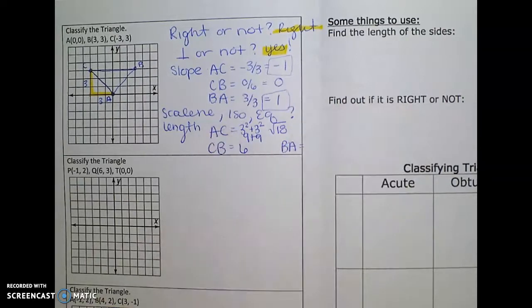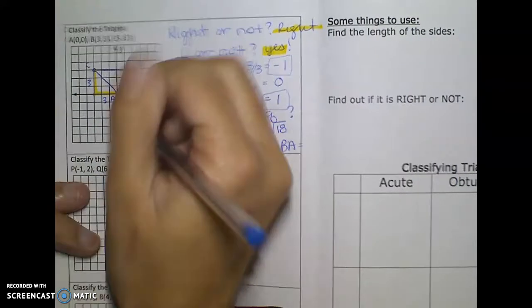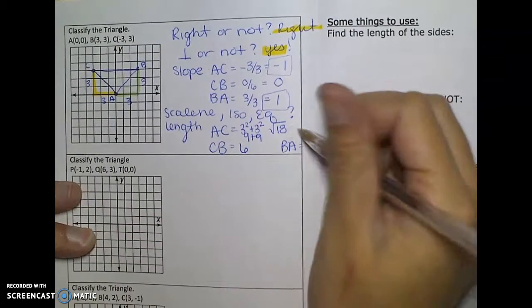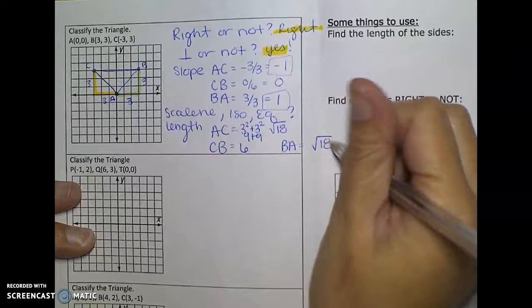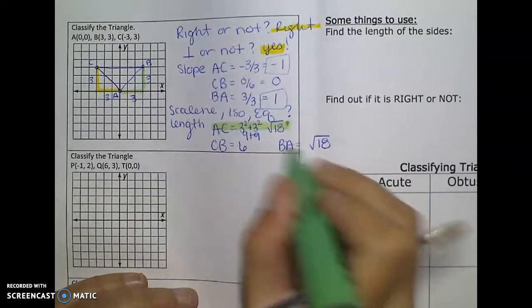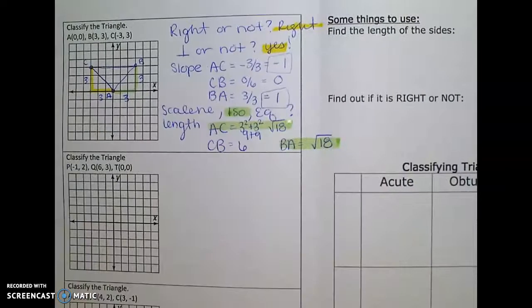Now for BA, I think my slope was the same. It was 3 and 3 on either side. So if I do 3 squared plus 3 squared again, I'm just going to be the square root of 18 again. So I can tell that AC and BA are the same, so I'm isosceles.